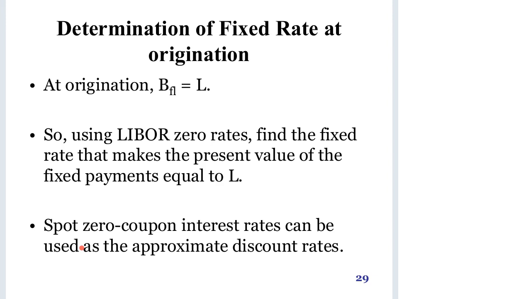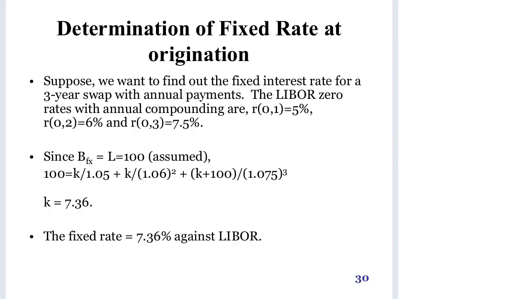So the value of the floating rate bond will be exactly equal to the notional principal L. So you take the LIBOR zero rates and find the fixed rate that makes the sum of the present value of the fixed payments equal to L. Obviously, you can use the current market rates for the different maturities, 6 months, 1 year, 1.5 years, 2 years, and so on, as approximate discount rates, and then solve it from there.